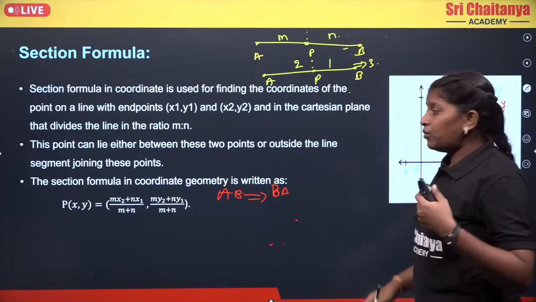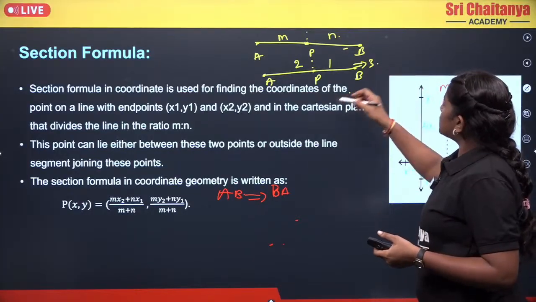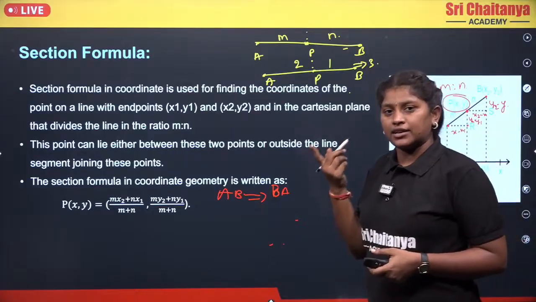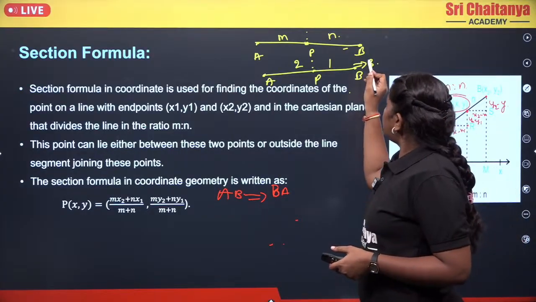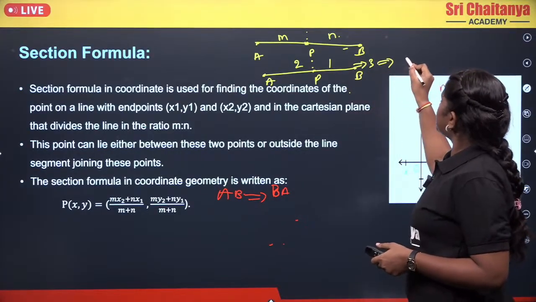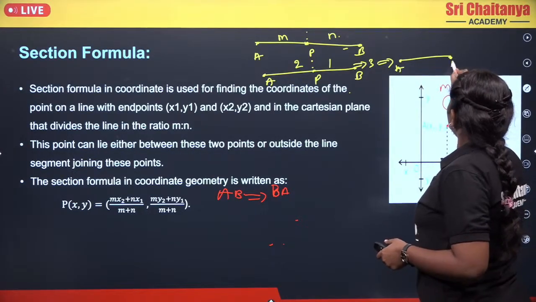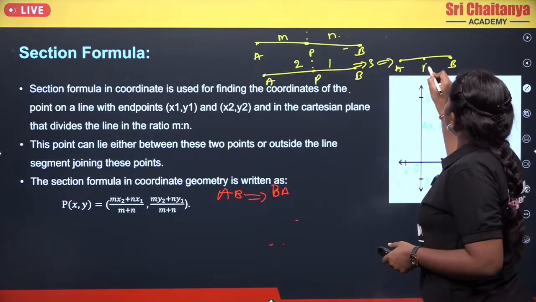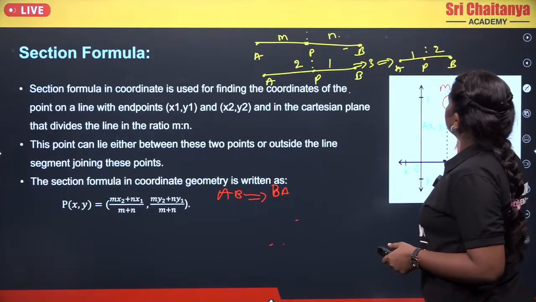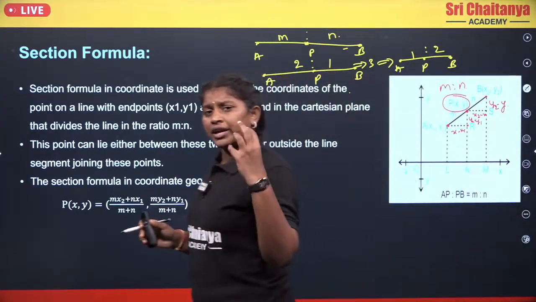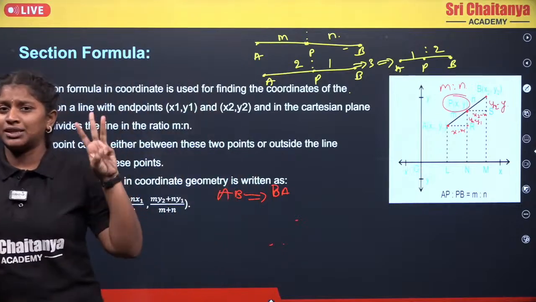Right? Now what if we have another case also? These ratios we are going to consider as the point of trisection. Here we have another one of the same line segment AB, but here P is dividing AB in the ratio of 1:2. So 1:2 or 2:1, if you take the total parts, it will be 3, right?